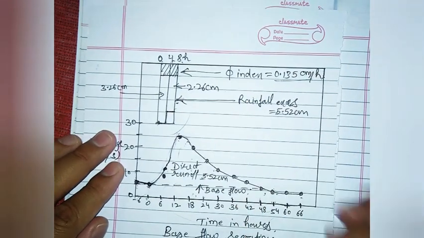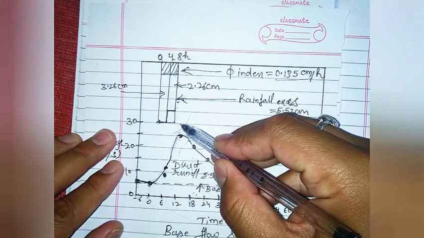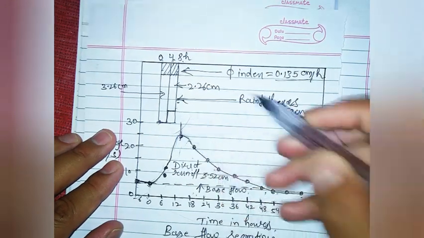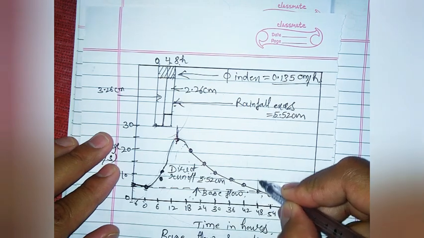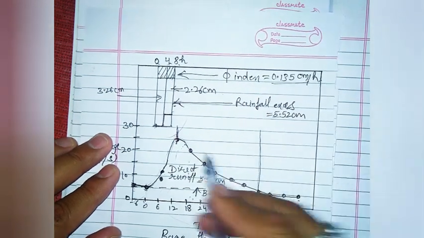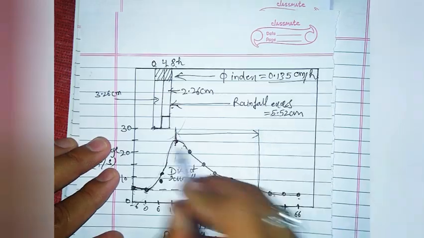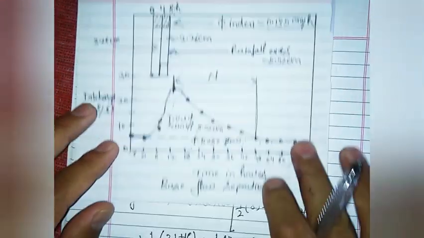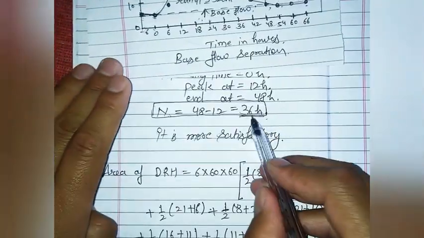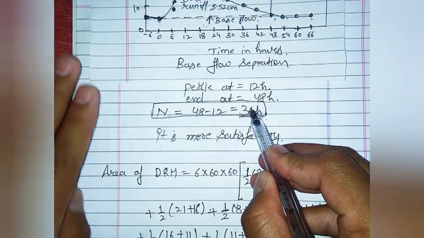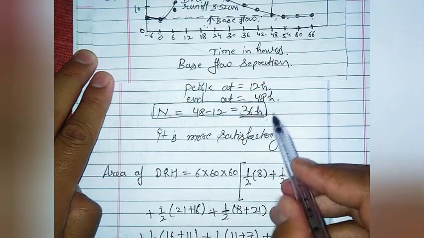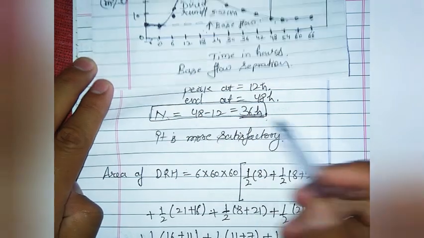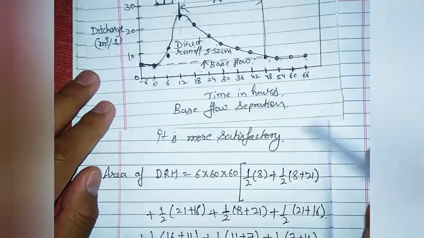How? Because N is the time duration between the peak and the end of the direct runoff. This value is your N, coming out to be 36 hours. This is more satisfactory in this case, so we'll take this value. You can check it by inspection or by using the equations.